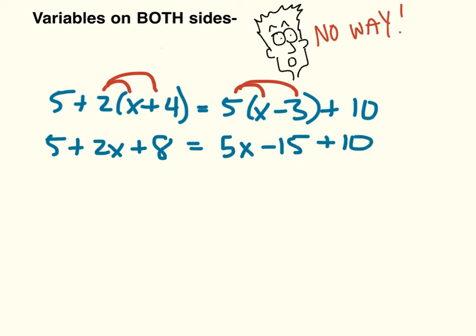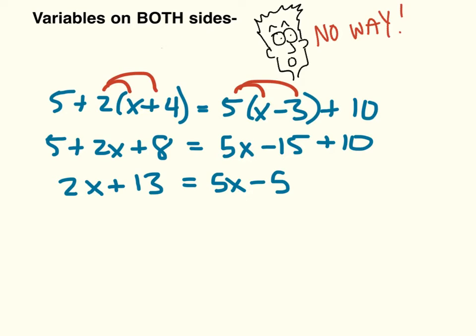And just like last time, we're going to combine like terms. Over here on the left side, my like terms are 5 and 8. So I have 2x plus 13 equals, my like terms on this side are the negative 15 and the 10. So we have 5x minus 5.